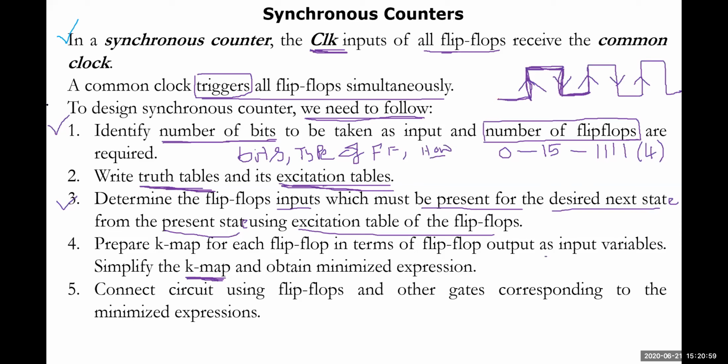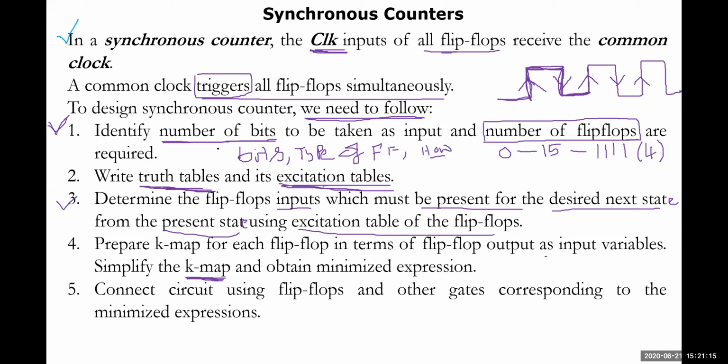These 3 points are number one. Number two, based on the type of flip-flop, you need to draw the truth table and excitation table.